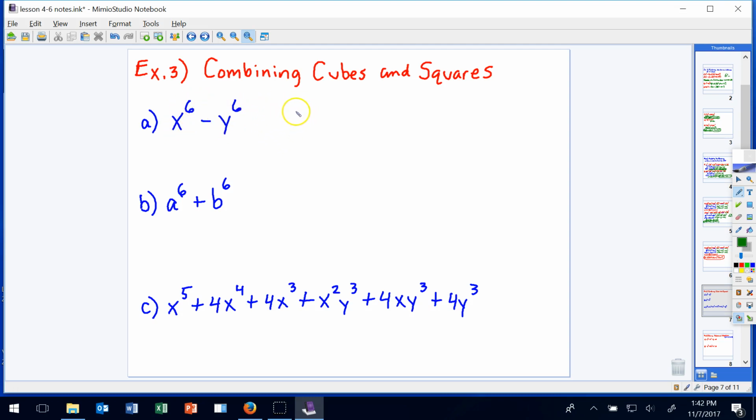But if I rewrite this in such a way that it shows the difference between two squares, remember that rule that says when one power is raised to another power, you multiply these together. So we just found another way of writing x to the 6th and y to the 6th. And the reason why this is good is because now we have a way of factoring.